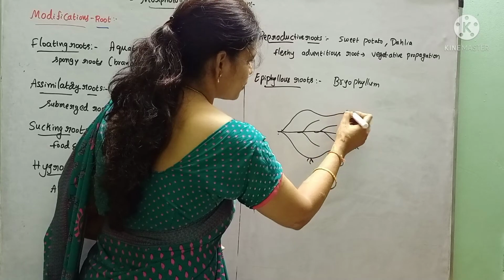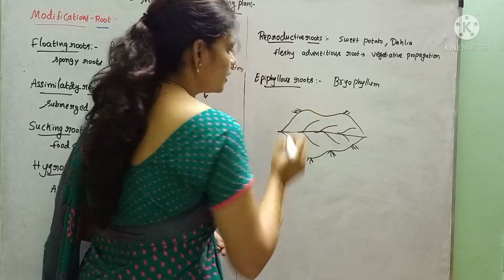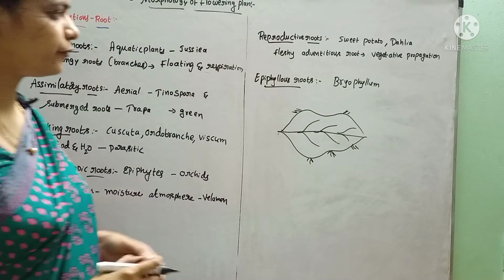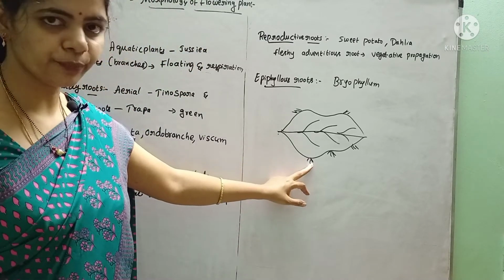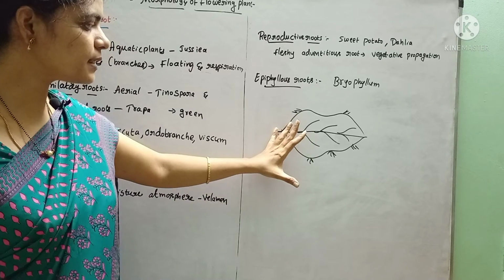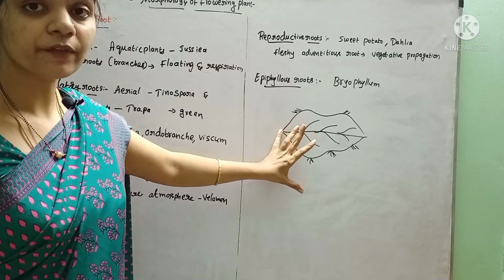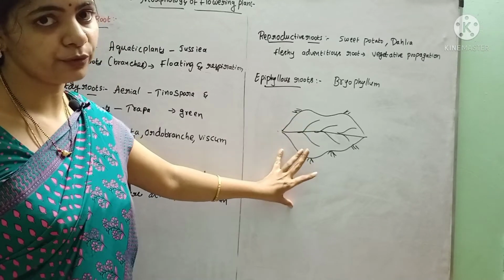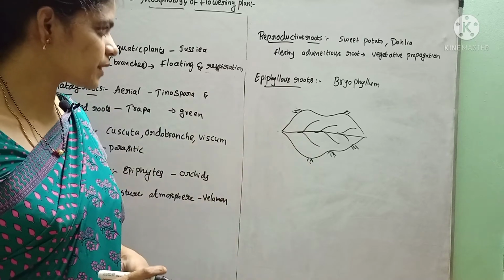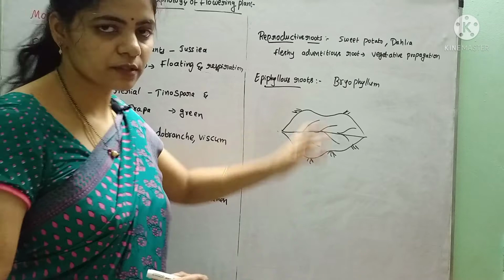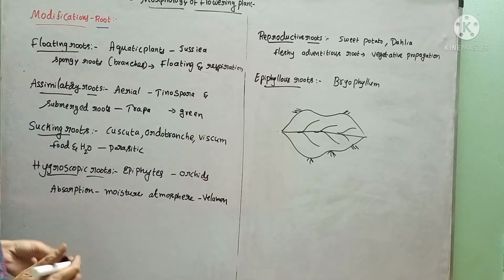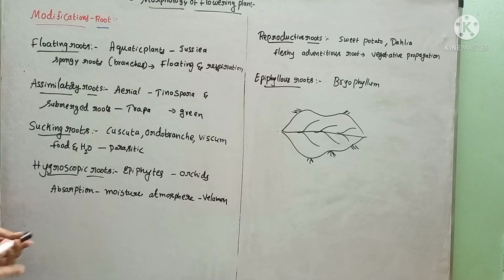So when the leaf falls from the plant, these roots will develop into a new plant. Here the leaf is helpful in vegetative propagation and develops into the new plant. Such roots present in the leaves are called epiphyllous roots, which are present in Bryophyllum. These are some other modifications seen in the root system.